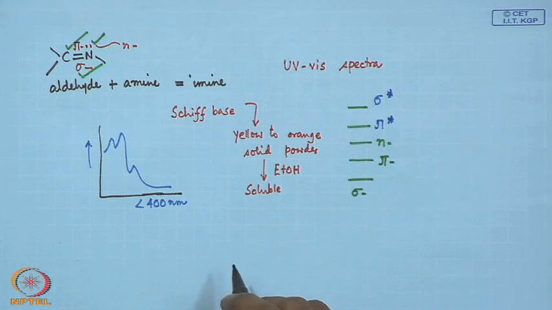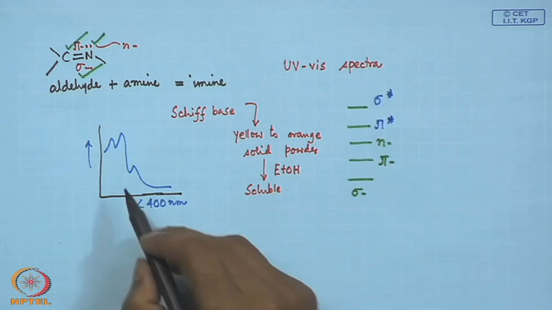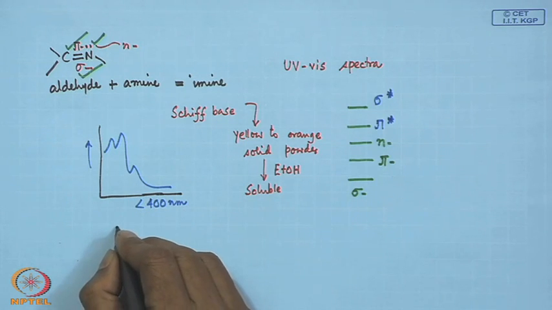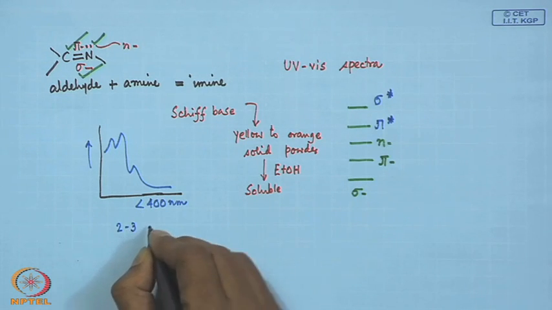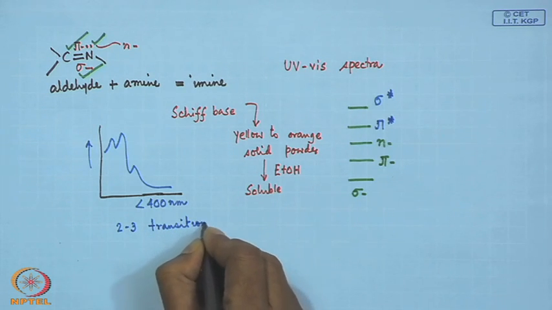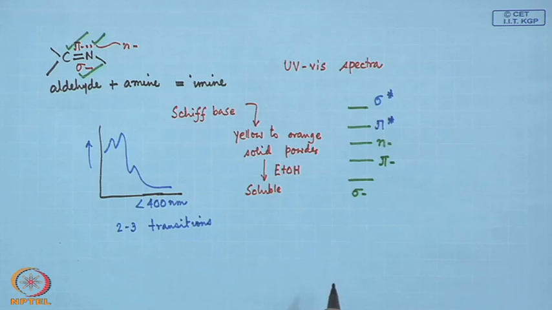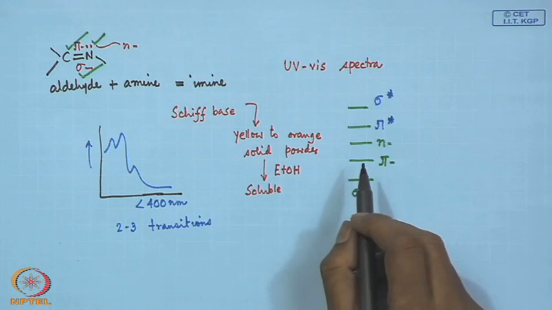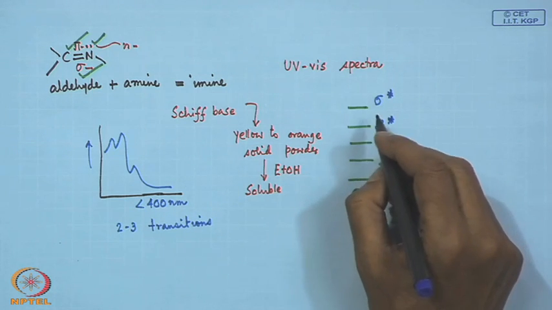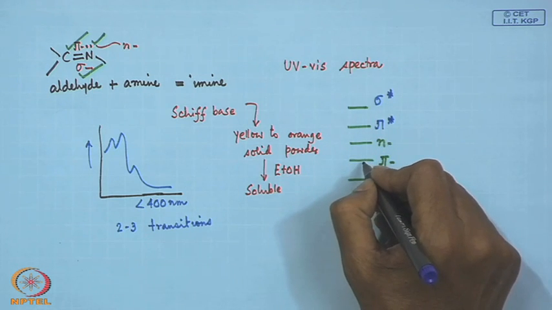So, during these electronic transitions, in most of these cases we have 2 to 3 transitions, and sometimes they are very high intensity transitions, that means the charge transfer transitions what we have discussed earlier in this particular class.